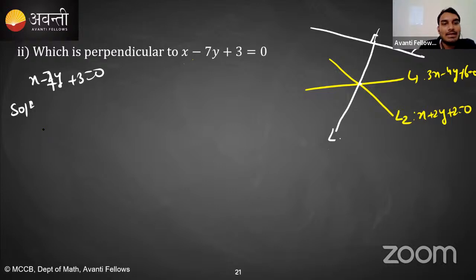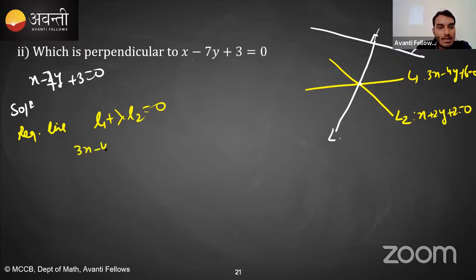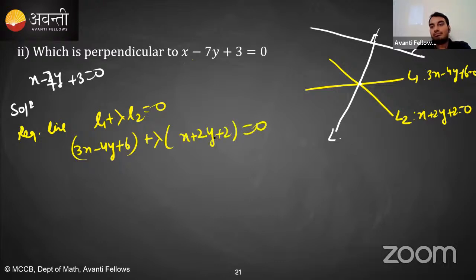Chalo. First of all, the required line is passing through the point of intersection of L1 and L2, right? So what can we assume the required line to be? The required line is L1 plus lambda times L2 is equal to 0, because this is the line which will pass through the point of intersection of L1 and L2. So it is 3x minus 4y plus 6 plus lambda times (x plus 2y plus 2) is equal to 0.